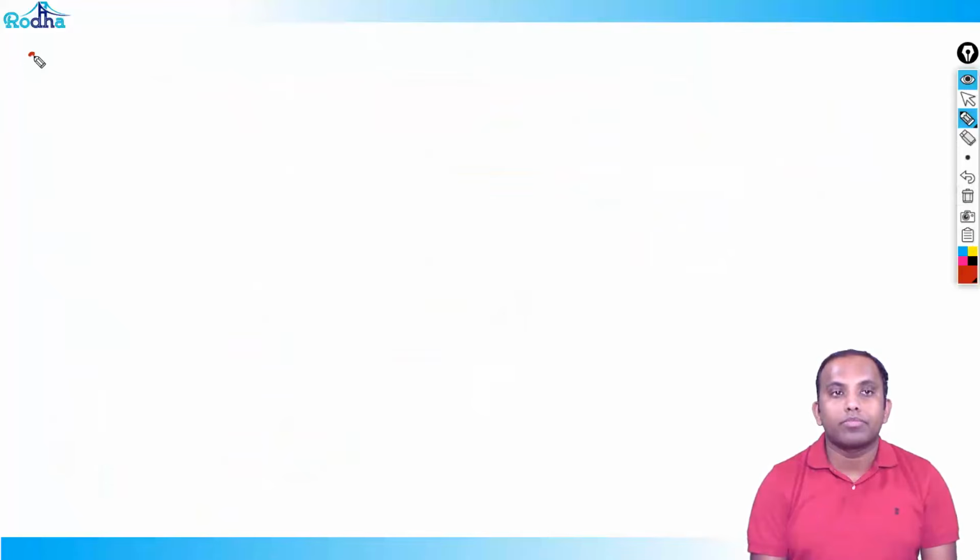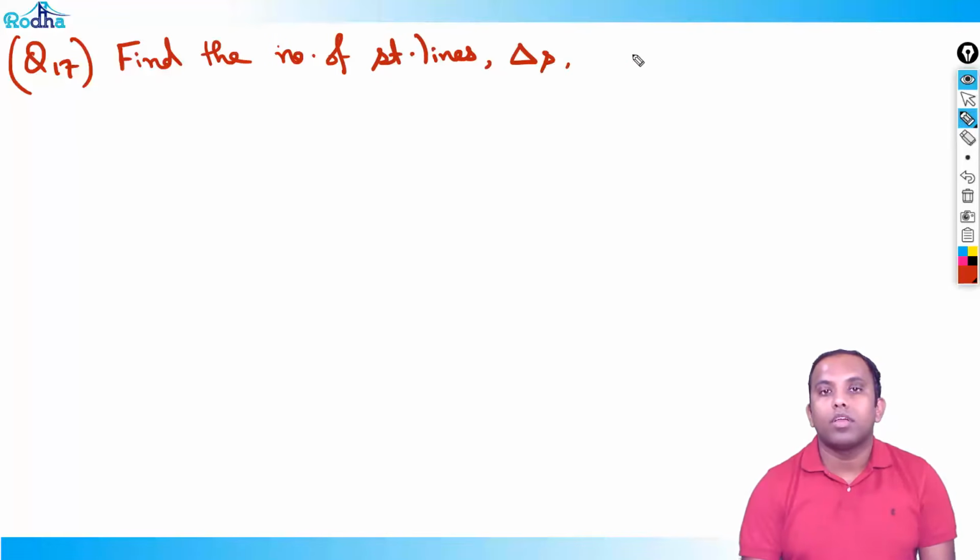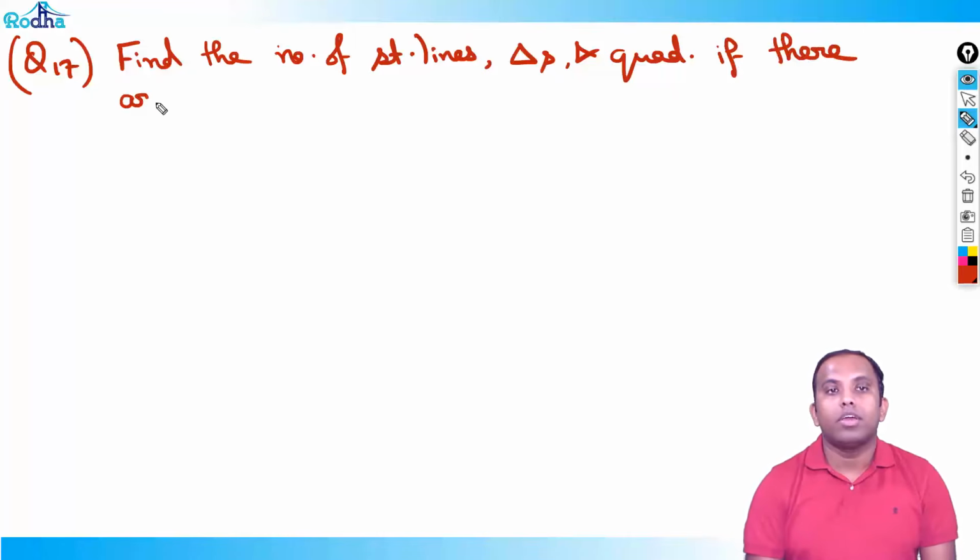Question 17 now. Find the number of straight lines, triangles and quadrilaterals that can be formed if there are 10 non-collinear points.